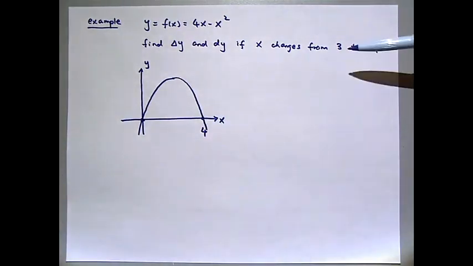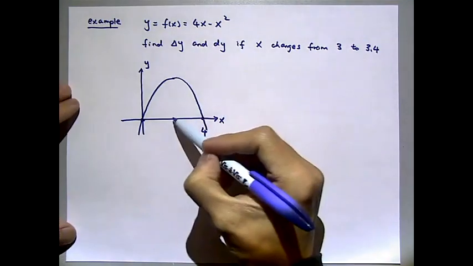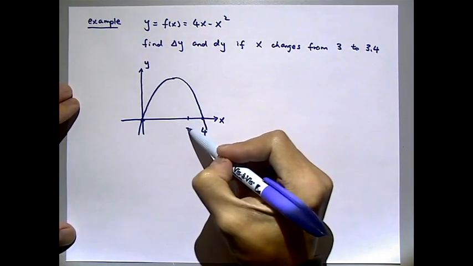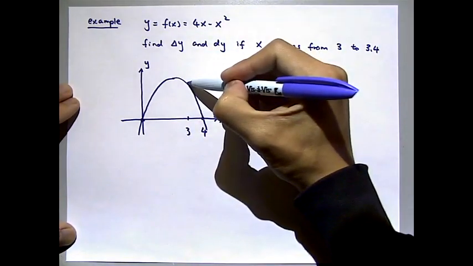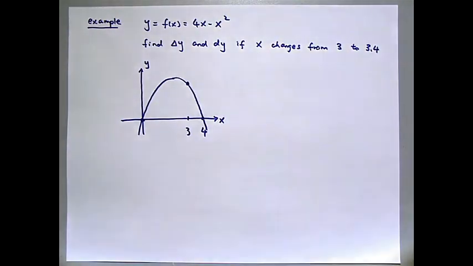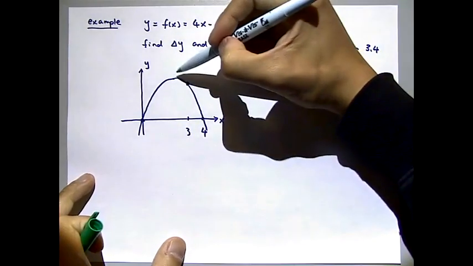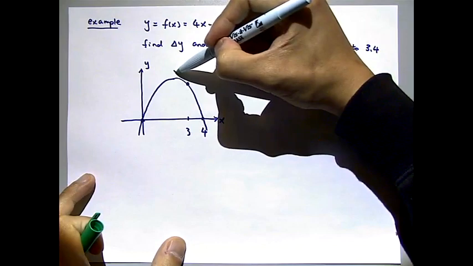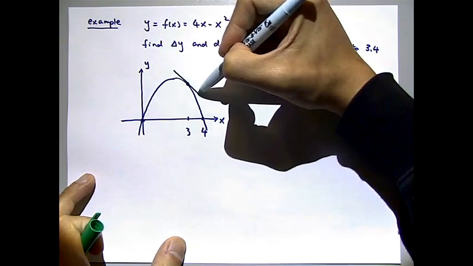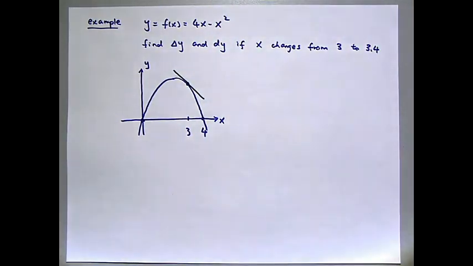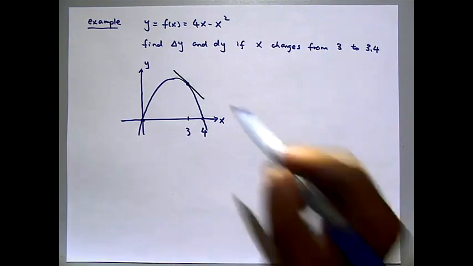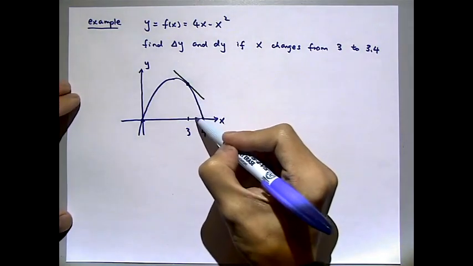Okay, so we're going to build a linear approximation at 3. So 3 is right here. And the tangent line says near 3 we'll follow the green line. And 3.4 is somewhere over here.